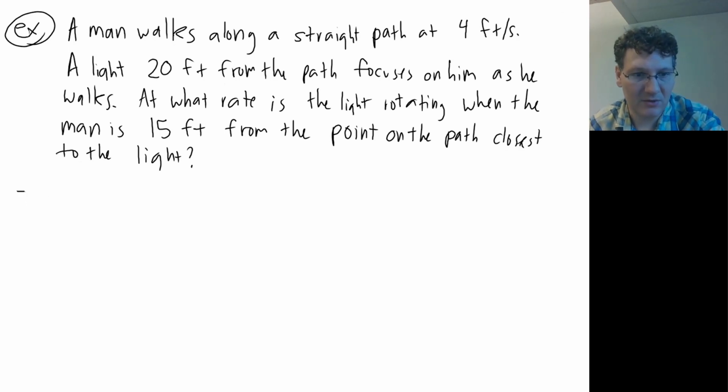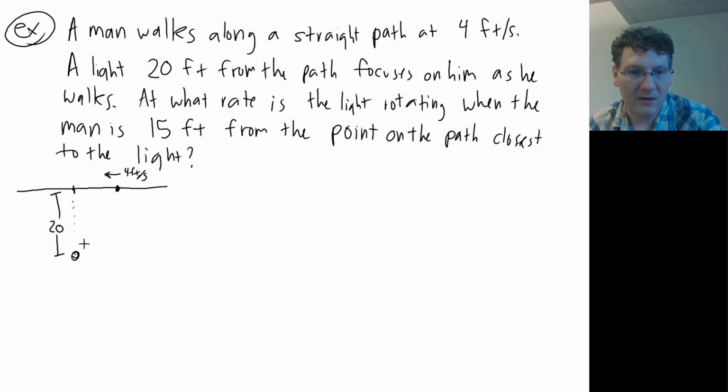So here's a picture of what this could look like. I'm going to put the spotlight here and say this is where the man is. He's going at 4 feet per second. And this is 20 feet from here, and this is shining straight at him, right?